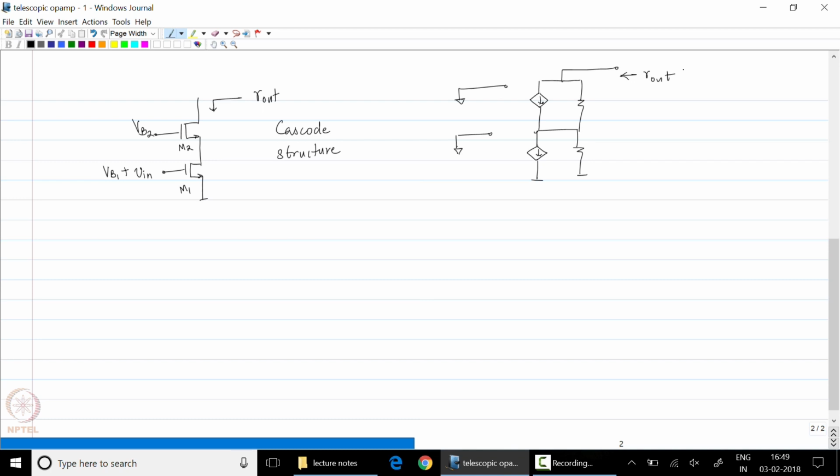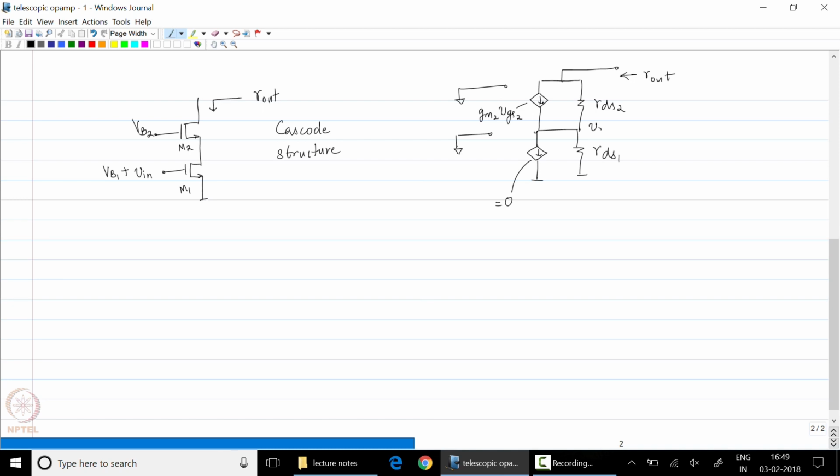Just wanted to point out that Vin will be set to 0, so this current source is equal to 0. This is RDS1, this is RDS2, and this is GM2 times VGS2.